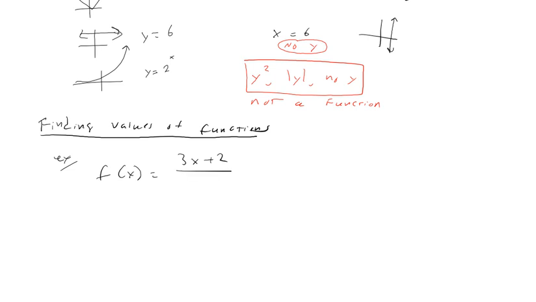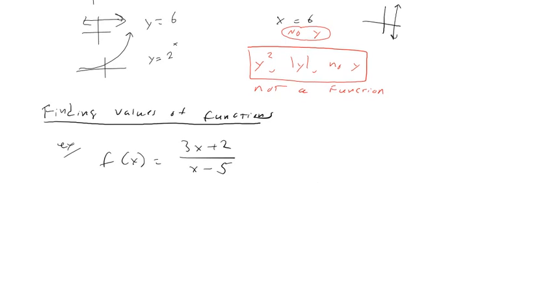Here's my function. We use f of x, that's just the name we give the function. F is just the function name, and x is our input.